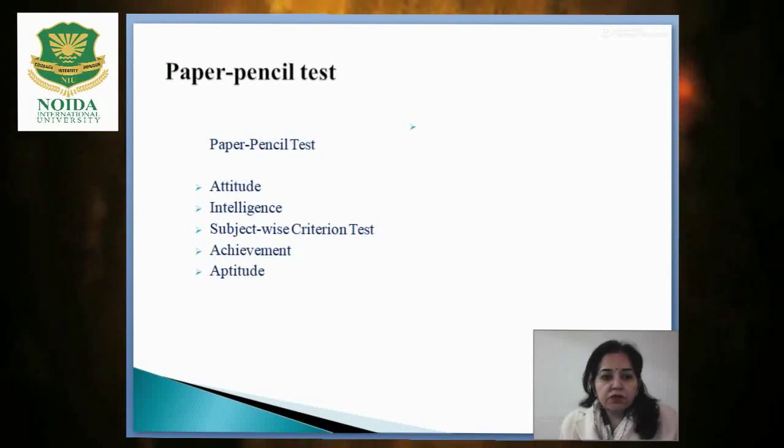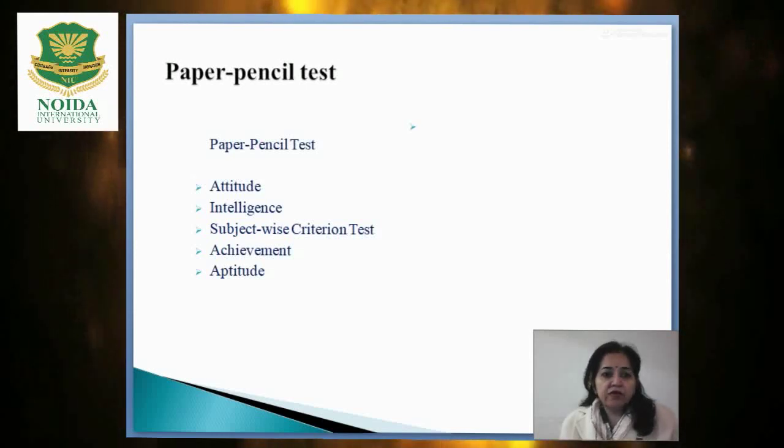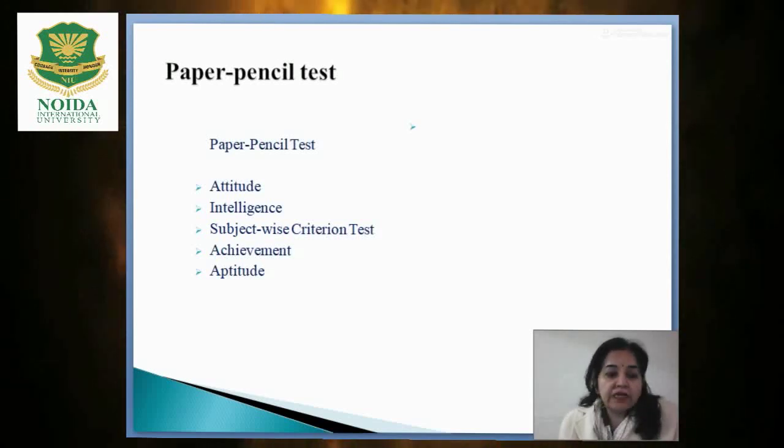These responses or answers are summarized and scored to obtain a numerical value that represents a characteristic of the students for which the test was administered.